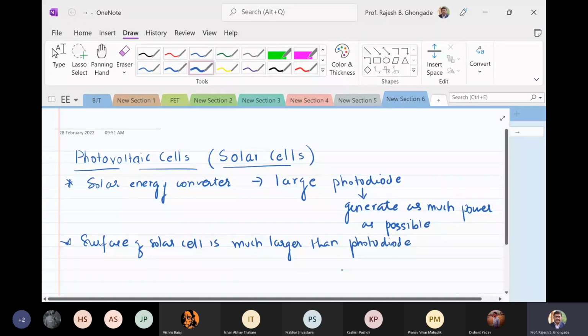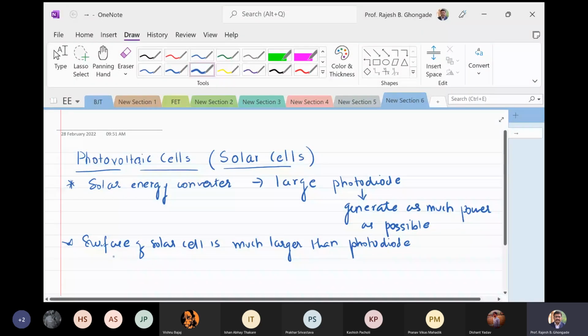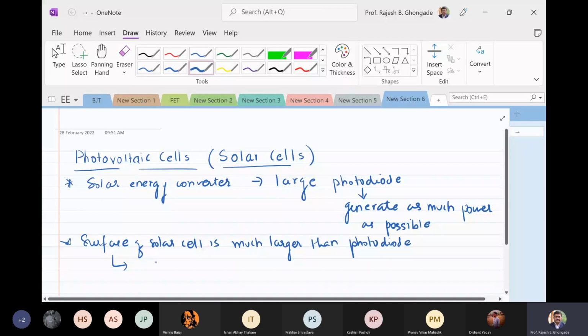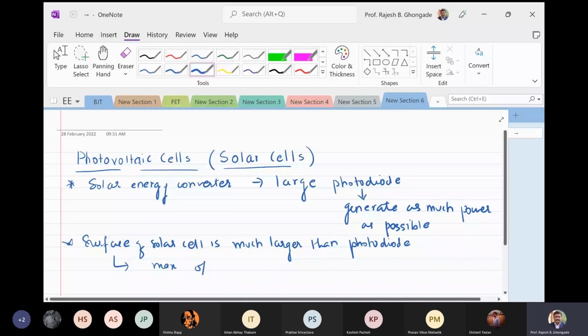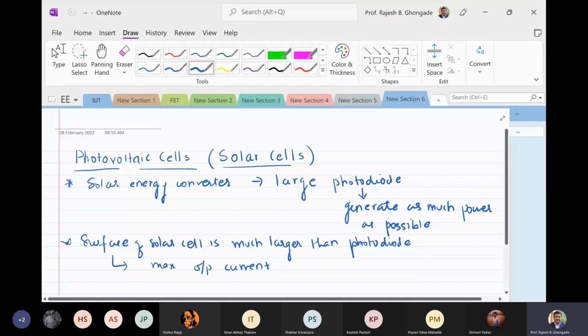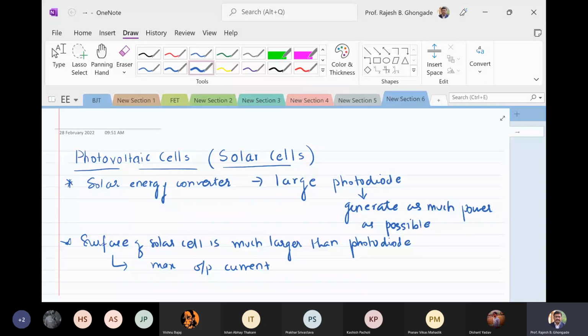Now this is basically designed to provide maximum output current. That is basically the design. Let us see the characteristics of this device.